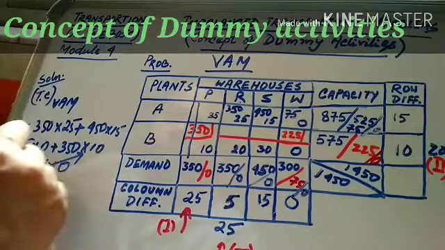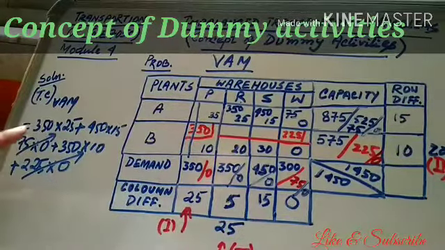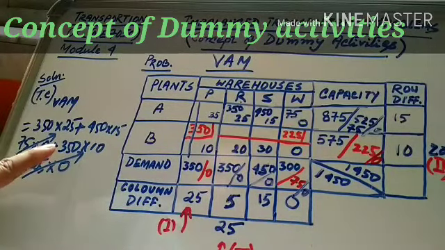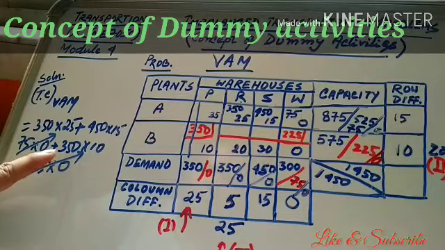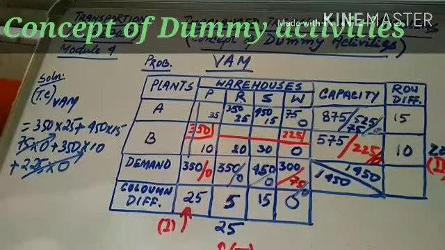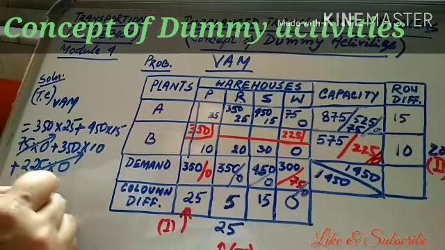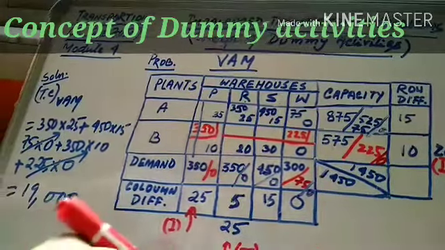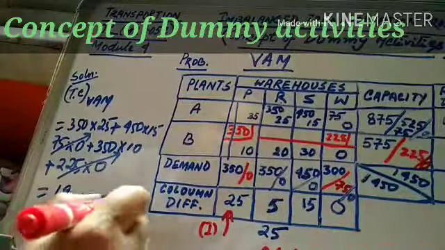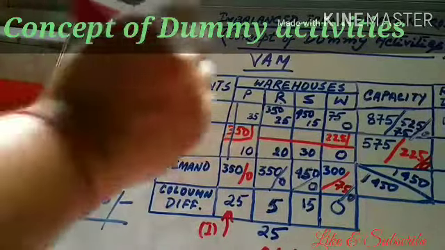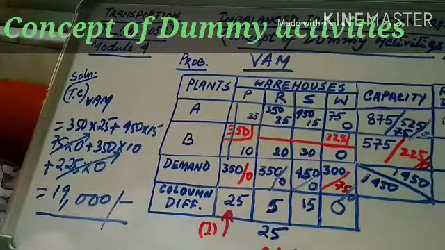This is 0, this is 0. So we have 350 into 25, 450 into 15, and 350 into 10. That gives you 19000. Okay. So this much is the transportation cost for this particular imbalanced transportation problem.